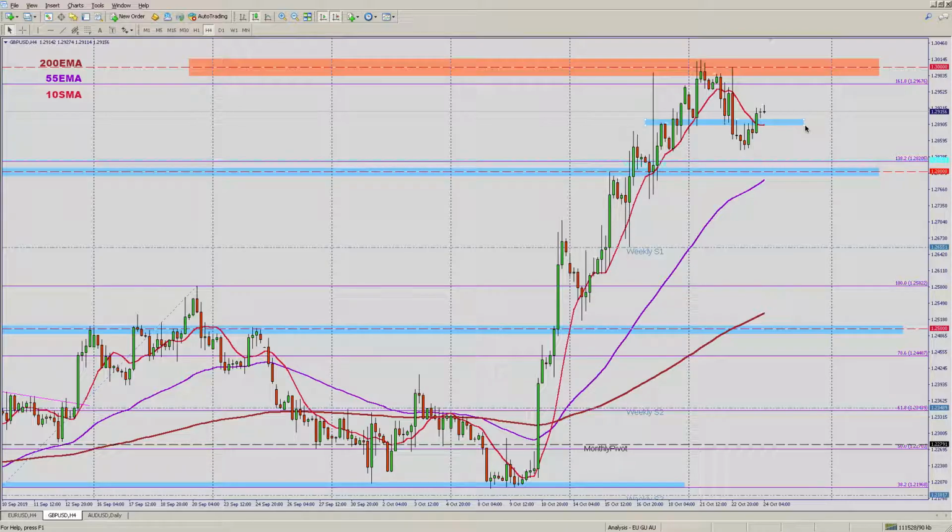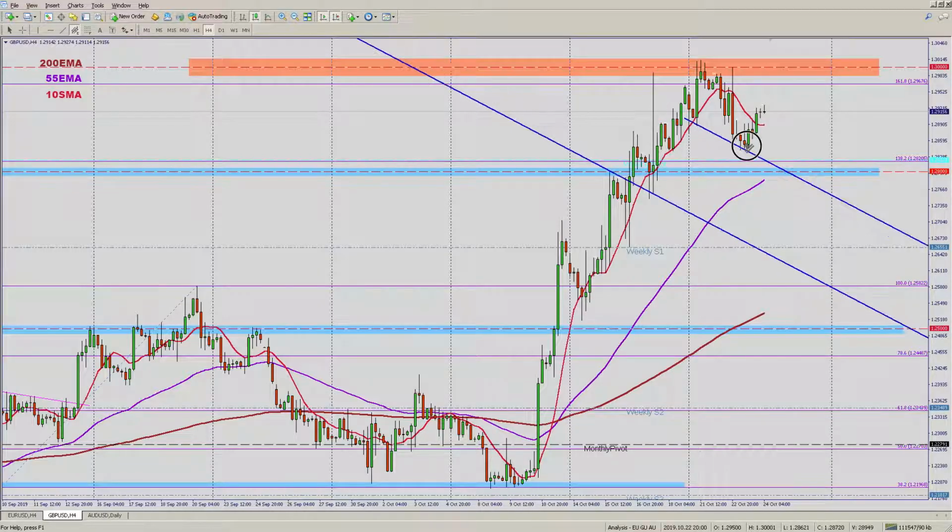It has already dipped lower below this intermediate support zone, and it's already heading towards the weekly pivot, but it managed to recover. So at the moment, it could be sliding lower in a potential channel.